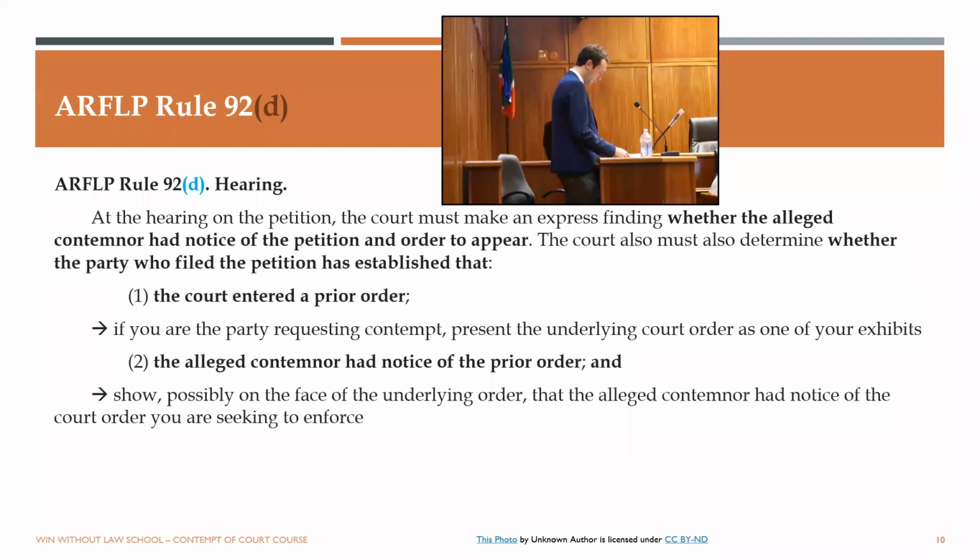If you had a consent decree and the other side signed it, that's clear evidence of notice. If you went to trial and the record shows the other side was present, that can be evidence of notice. If you have text messages between the two of you referencing your underlying order, that can show they have notice of the order you're seeking to enforce, but you'll need to show that.